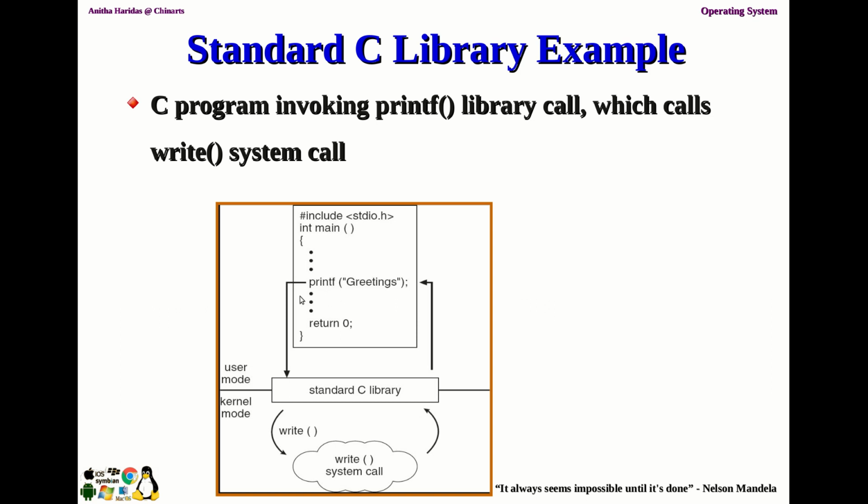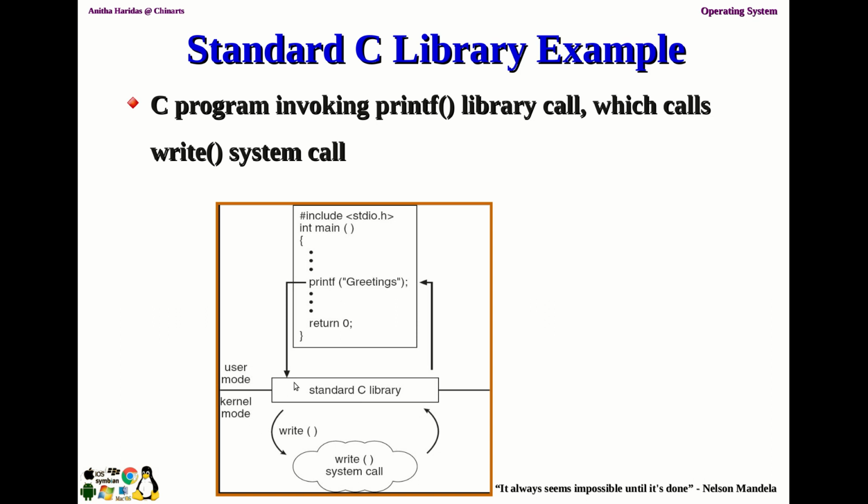When the printf function is transformed into a system call, by the time it enters into the kernel mode... We had already seen that whenever a user application program is running, it comes under user mode. When the computer system executes the operating system instructions, then it comes under the kernel mode.